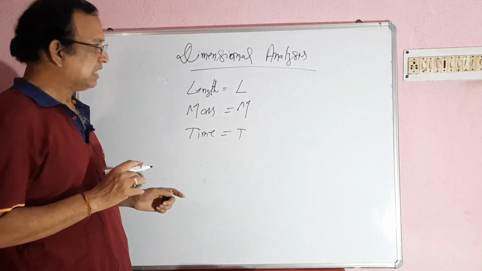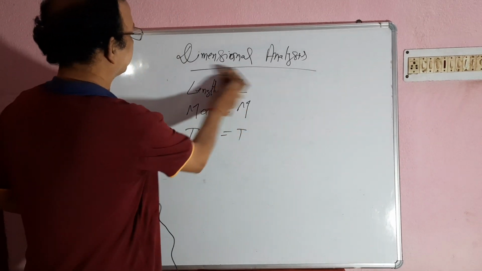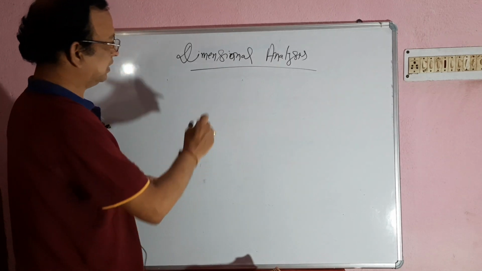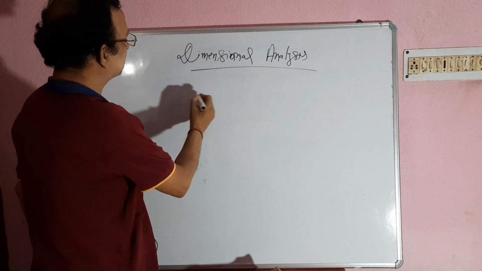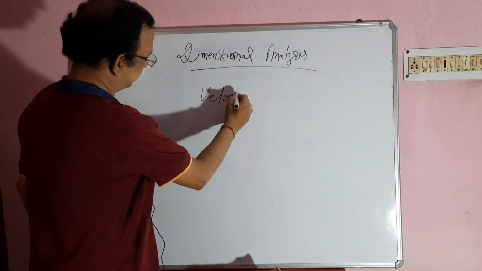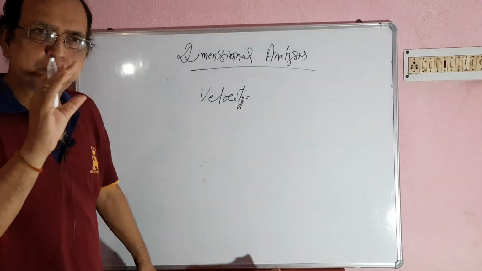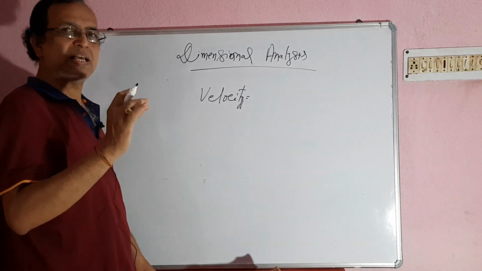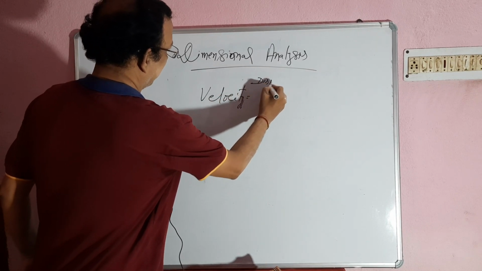Okay, let me give some examples. For velocity, the formula of velocity is displacement by time.